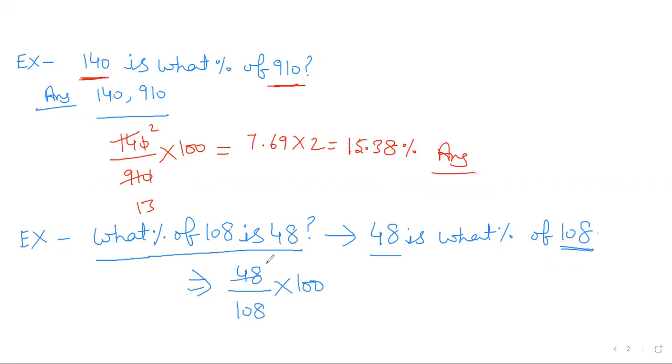It is nothing but 4 upon 9. So 1 upon 9 is 11.11, into 4. The answer will be 44.44%.